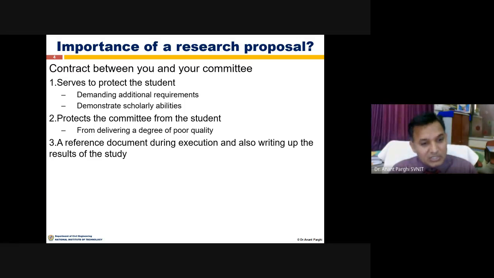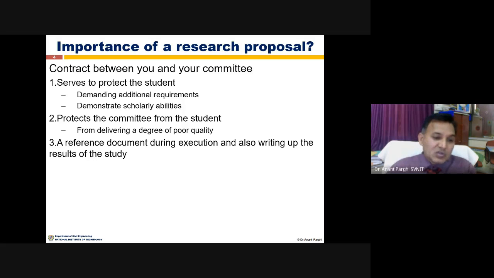Sometimes you are utilizing instruments from other departments, for example a scanning electron microscope, which may be available in chemistry or physics, because the university has one centralized facility. Every department should not create the same kind of facility. So that thing is also clear.